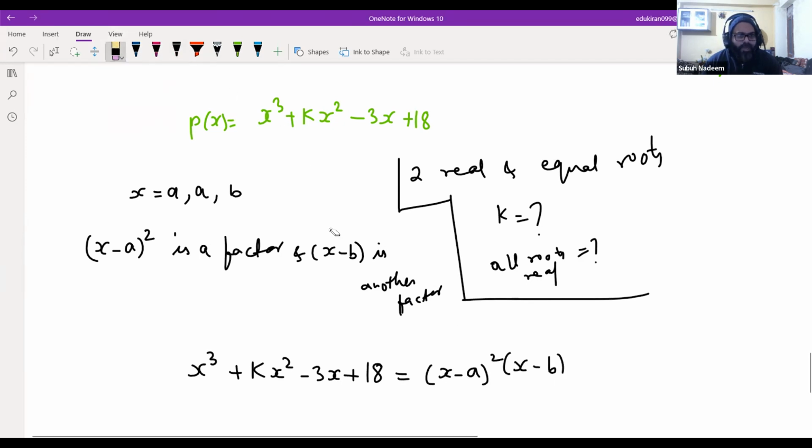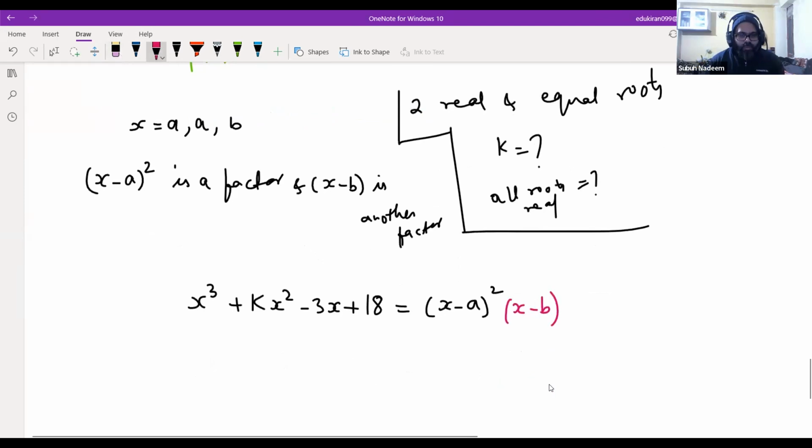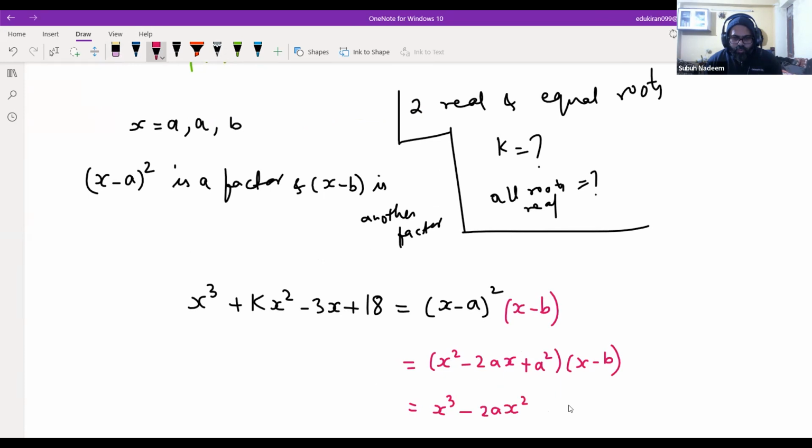This is multiplied, not in power. So this will become x square minus 2ax plus a square into x minus b. And when you expand, you get x cube minus 2ax square plus a square x minus bx square, then plus 2abx minus a square b.